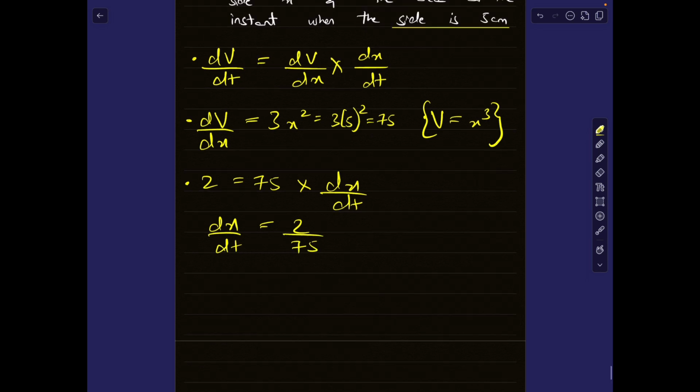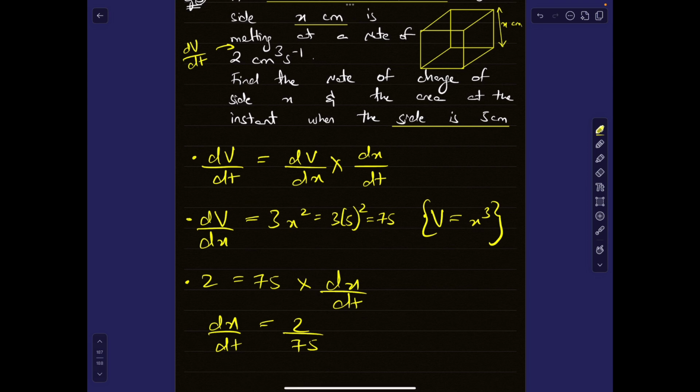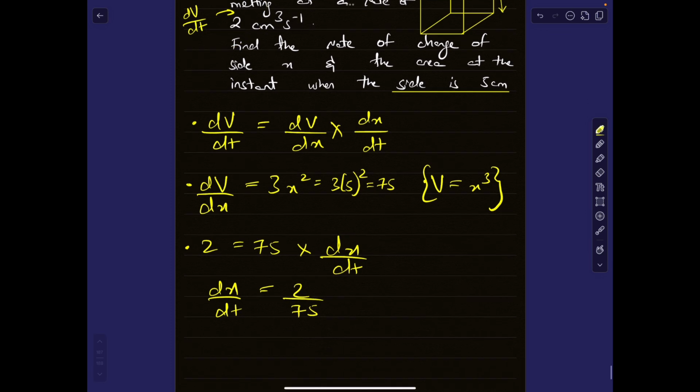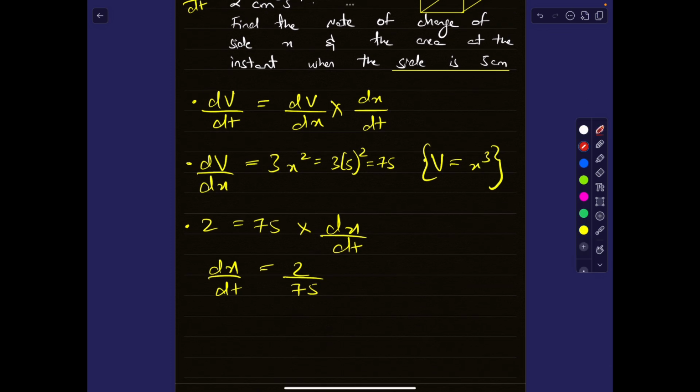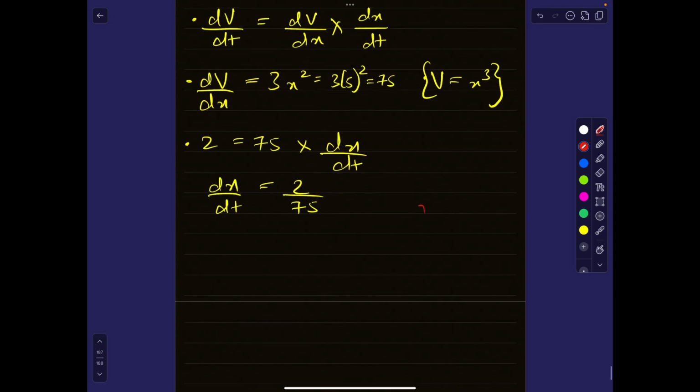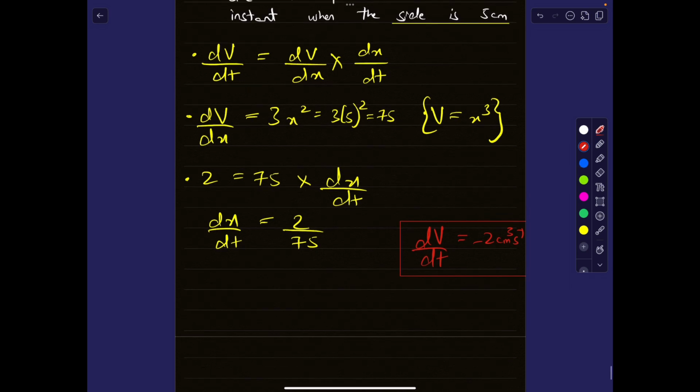But mind you that dV over dt is not 2 centimeter cube per second. In fact, this is the most important part, that you need to realize that the cube is melting, and thus it's minus 2 centimeter cube s minus 1 when written in mathematical terms. So it's minus 2. You must not forget this, and the value of the size is decreasing.